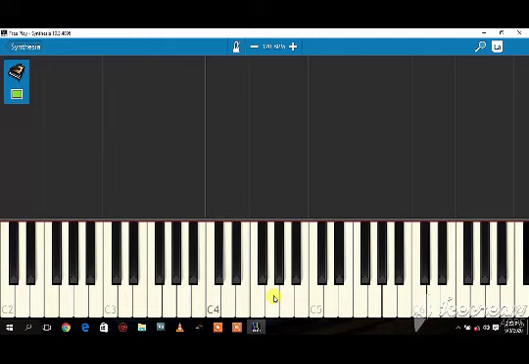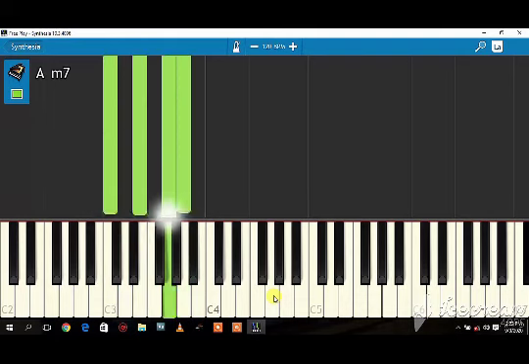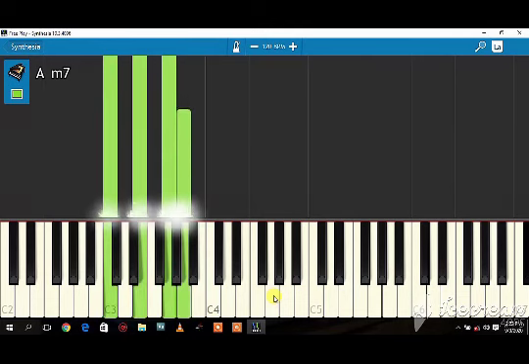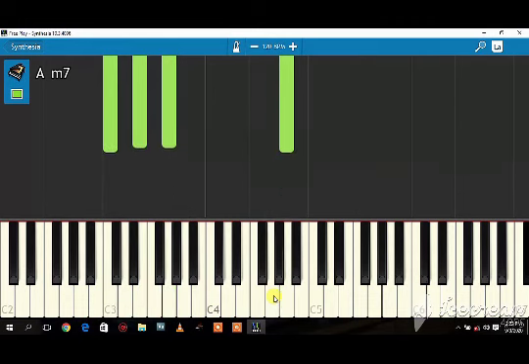So if you have something like this, this becomes C major add 6, but if it's here, it will be C major add 13th, although it can still be named as A minor 7th.